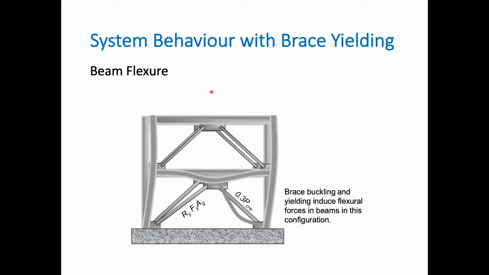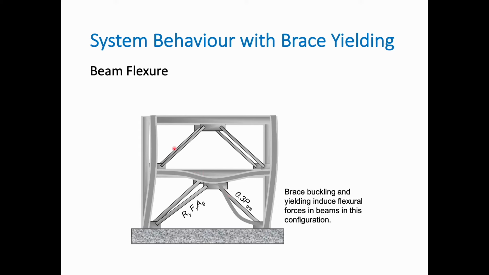Equally, you may have another type of bracing like this one, and in this case the bracing here is in compression, so it buckles and it drags down the beam, so there is a yielding flexural bending of the beam because of the bracing which is buckling.